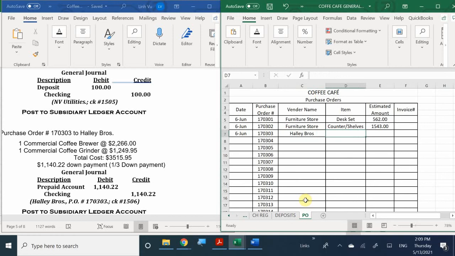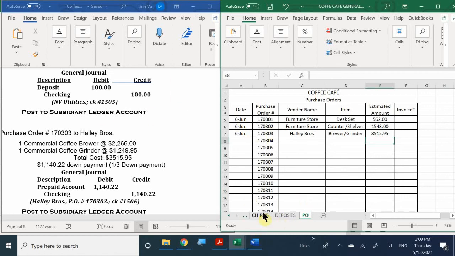Okay, and I'm buying a commercial brewer and grinder. Okay. And once again, I am quoted for $35,1595. Okay. So there you go. I for sure have my purchase order here.